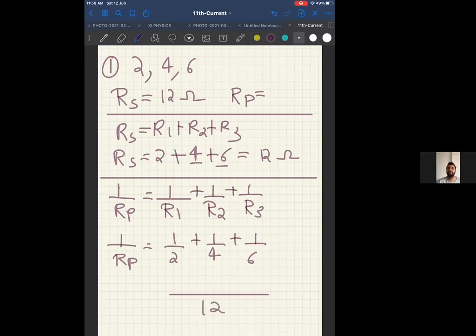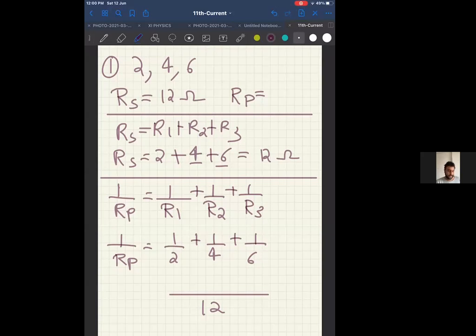Are you getting it? Just check. Okay, the LCM is 12.